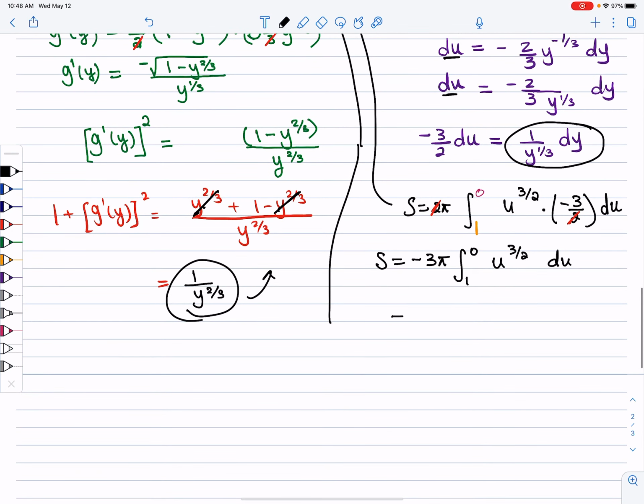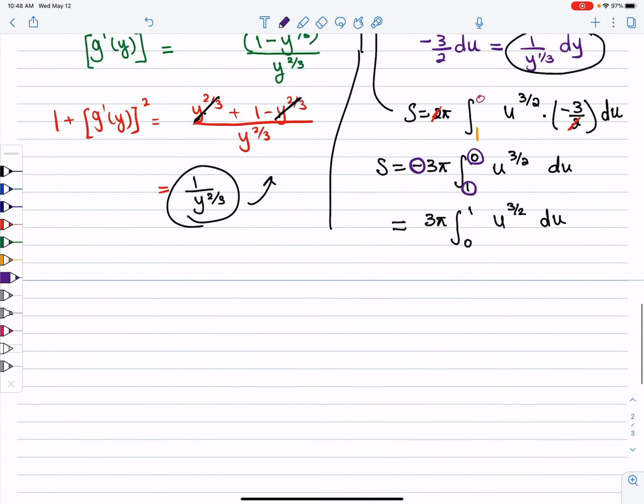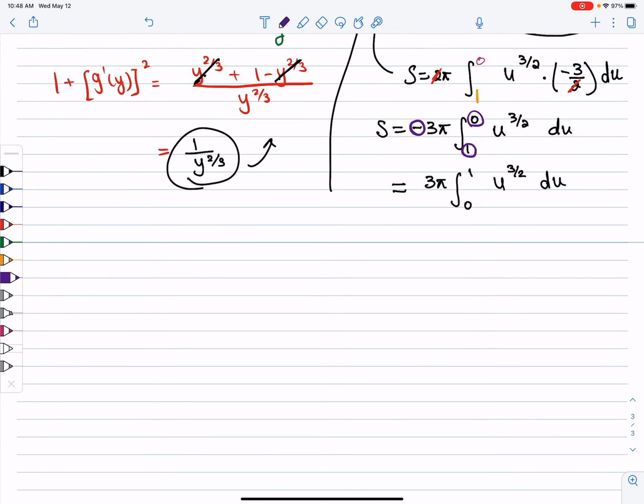We don't need to do this next step, but since we're reviewing, I'm going to do it anyway. This is going to be 3 pi, the integral from 0 to 1, u to the 3 over 2 du. And remember, I can do that because we have a negative, and we're changing the order of the limits of integration.